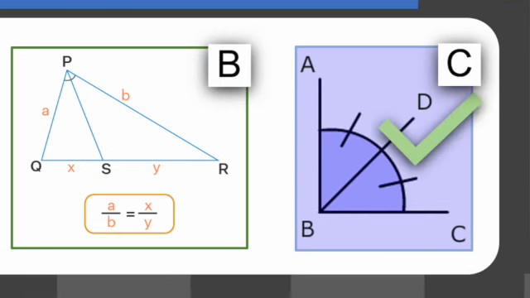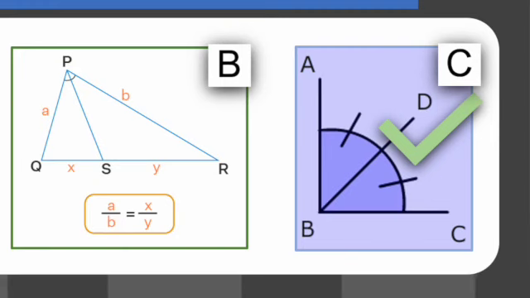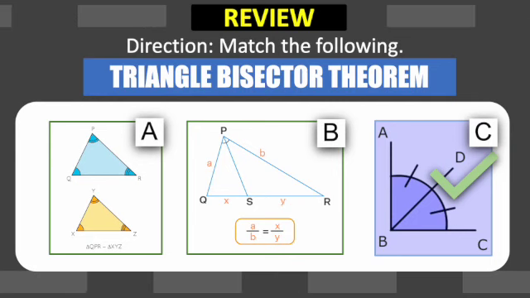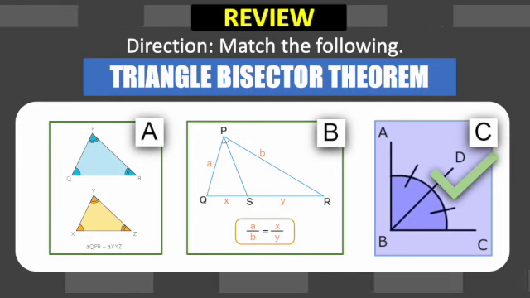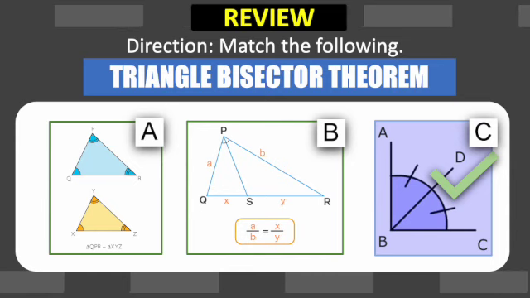Alright, so look at that. Yung segment na BD, it bisects the angle, and it divides it into two equal parts. Next word, triangle bisector theorem. Dalawa na lang yung option, letter A and letter B. Which figure describes the triangle bisector theorem?